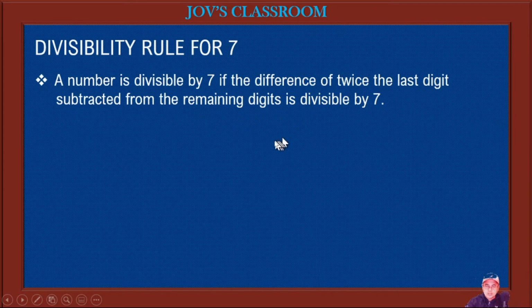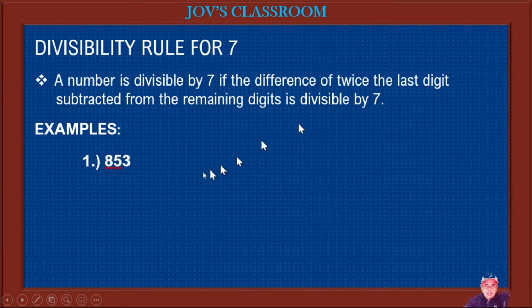Again, for example, if the last digit multiplied by 2, the answer should be subtracted from the remaining number, which is 85, then that number is divisible by 7 if the result is.